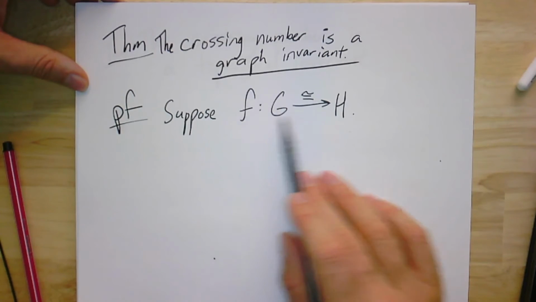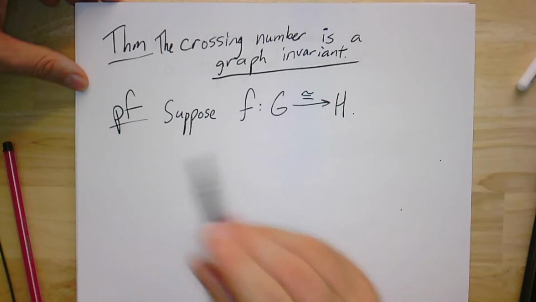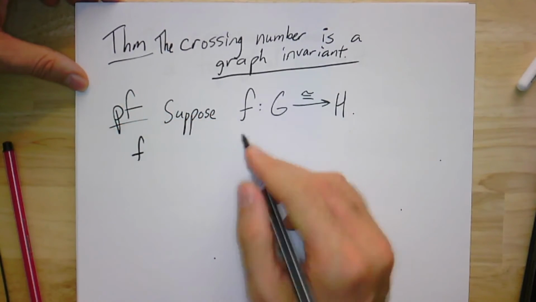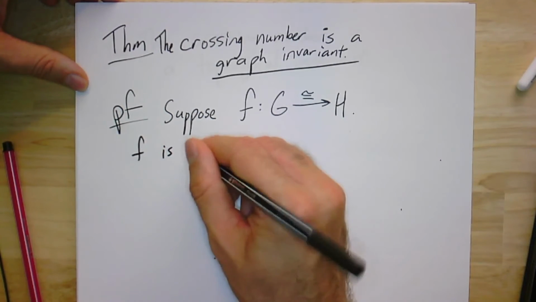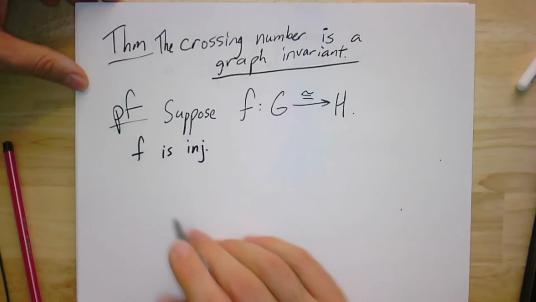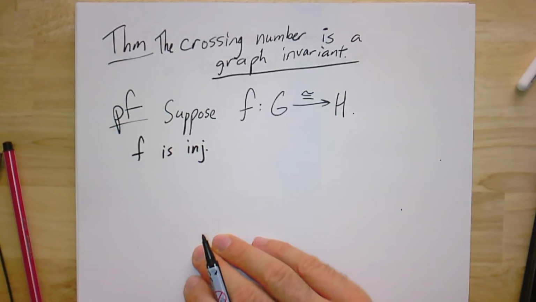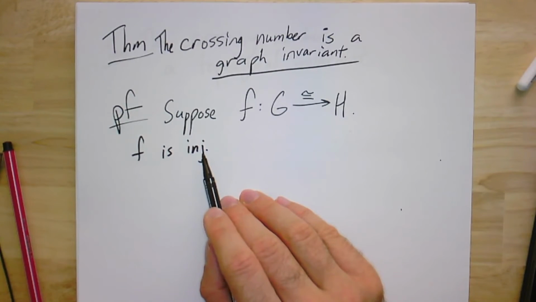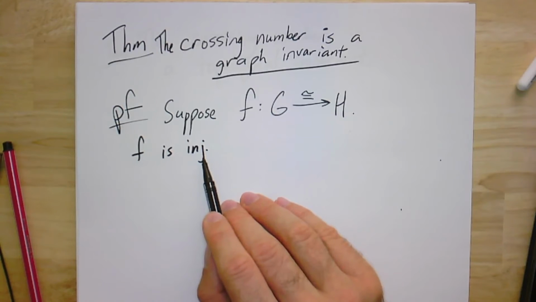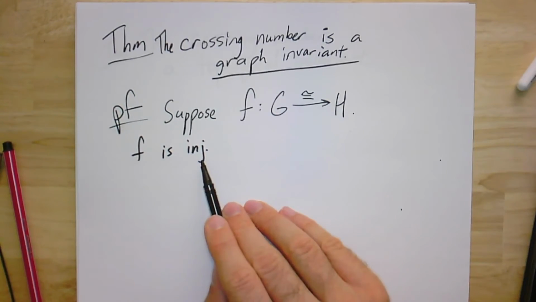So let's suppose we have some isomorphism between two graphs, G and H. This is an isomorphism, therefore it's injective. And if we were to go through the proof for subgraphs, it wouldn't be too much of a change to see that it didn't actually use the fact that it was a subgraph. It just required us to have an injective homomorphism.